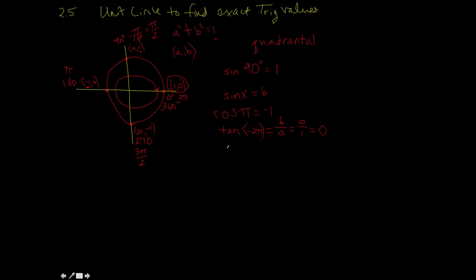Now what would happen if we did the cotangent of negative 2 pi? Here's where you've got to be careful, because cotangent is the reciprocal of tangent, so instead of 0 over 1, this one is going to be 1 over 0.